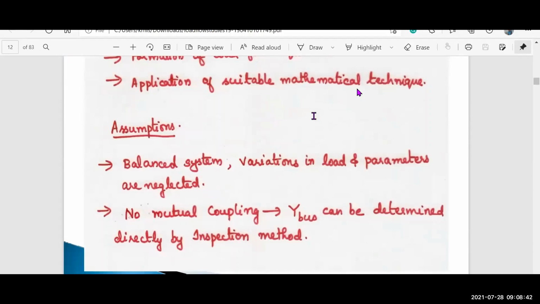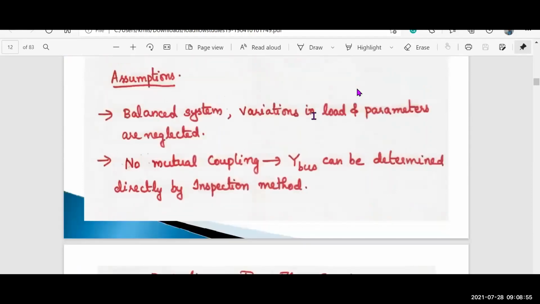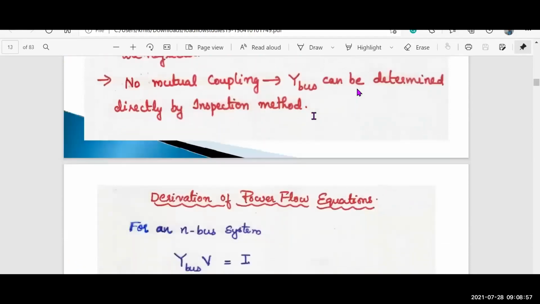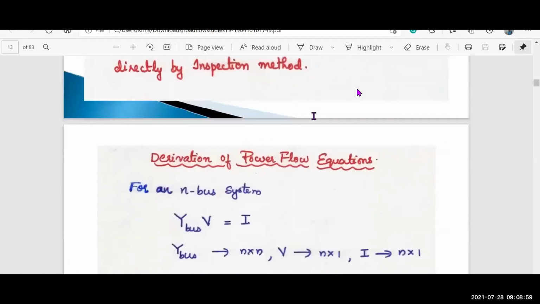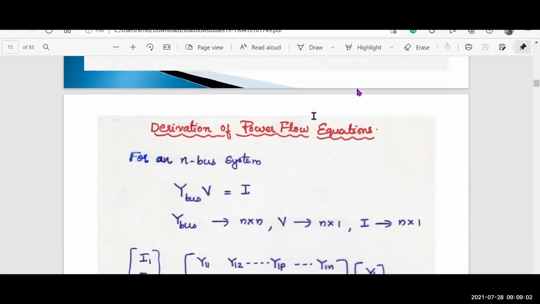Now, no mutual coupling, so Y bus can be determined directly by the inspection method. Now we'll see the derivation of power flow equations.